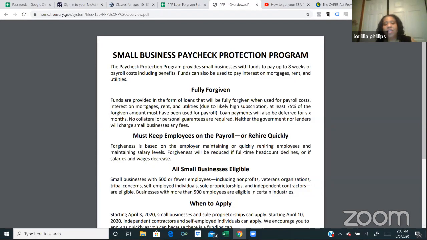Funds are provided in the form of loans that will be fully forgiven when used for payroll cost, interest on mortgage, rent, and utilities. Due to the likely high subscription, at least 75% of the forgiven amount must be used for payroll. So what does that mean?